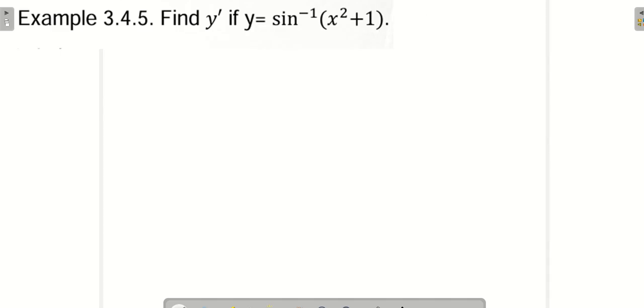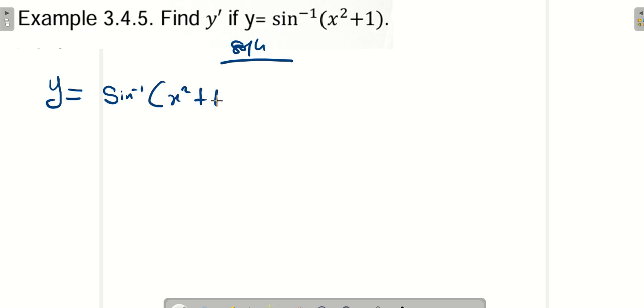Now, in this example, we have y is equal to sine inverse of x squared plus 1. You can pause the video and try your hands on this. Now let's solve it.